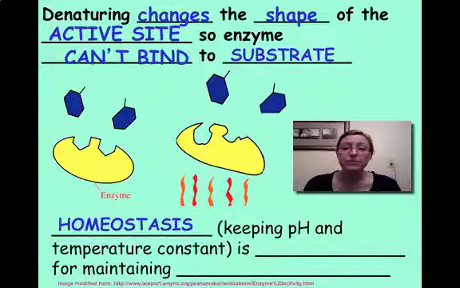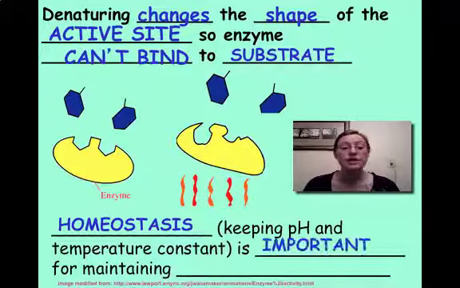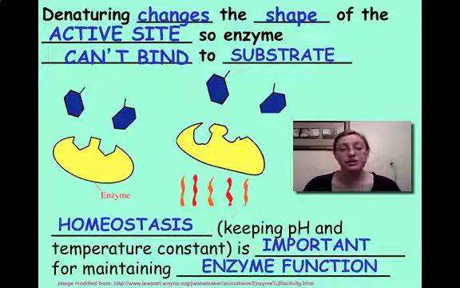We wouldn't be able to survive without them. So we need that turbo boost. So this brings back one of the themes, looking at homeostasis, needing to be able to maintain an internal environment. Obviously, for all living things that have enzymes, we need to keep a constant pH and a constant temperature in order to maintain our enzyme function.